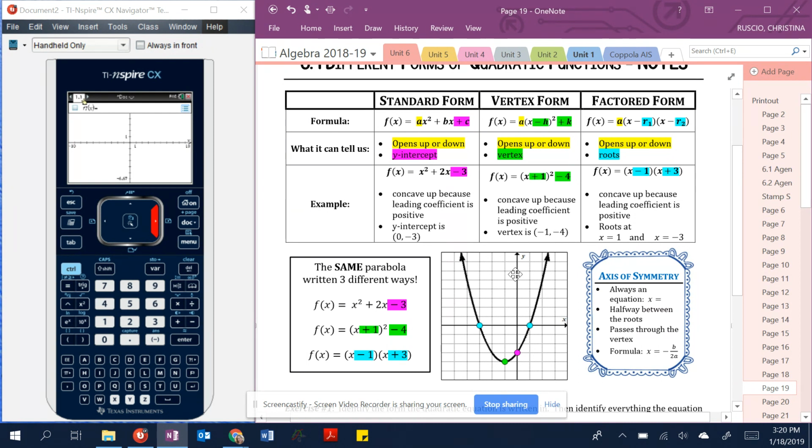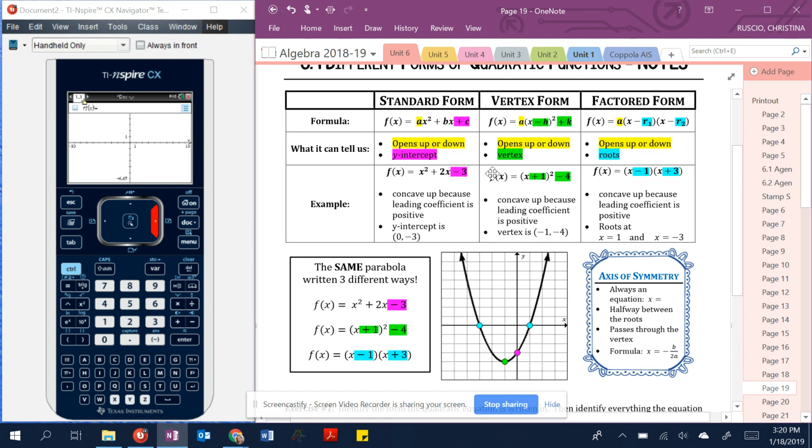The vertex form also can tell us whether or not it opens upwards or downwards based on that number out in front being positive or negative, but it can also tell us the vertex. It can't tell us the y-intercept. The factored form can also tell us whether or not it opens upward or downward based on the number out in front. This form can tell us the roots.